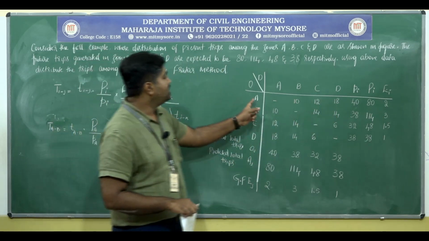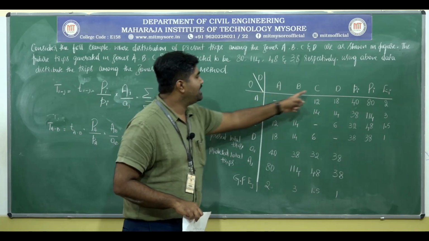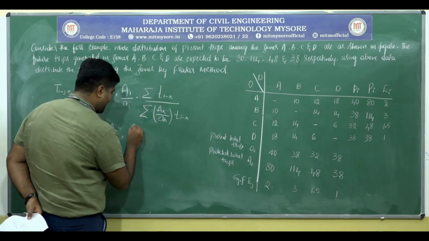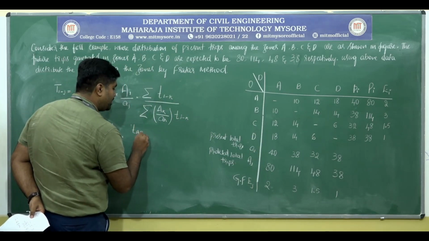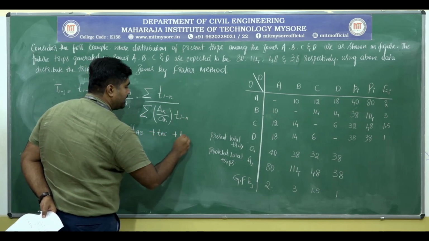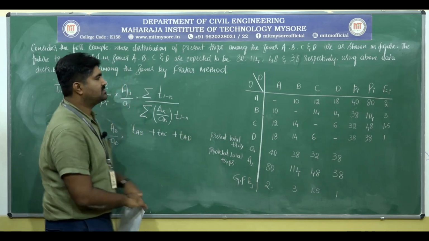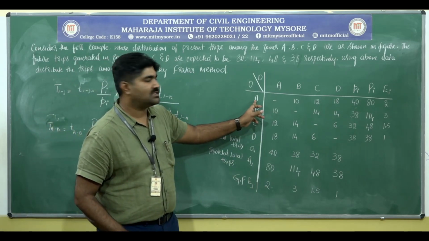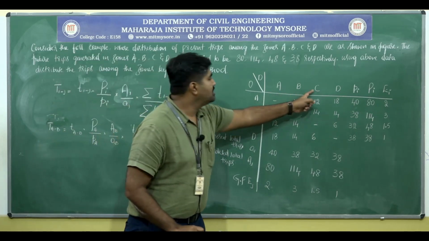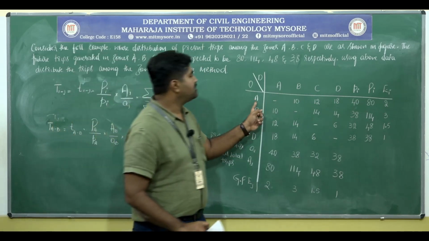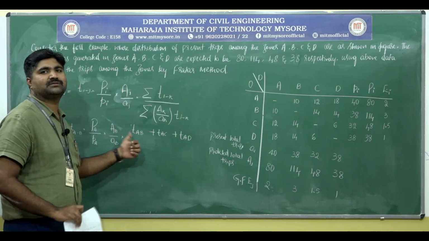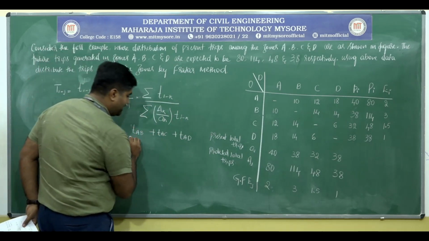That is trips between A to B, A to C, and A to D, which I am going to write here: T A to B plus T A to C plus T A to D. This T represents trips.